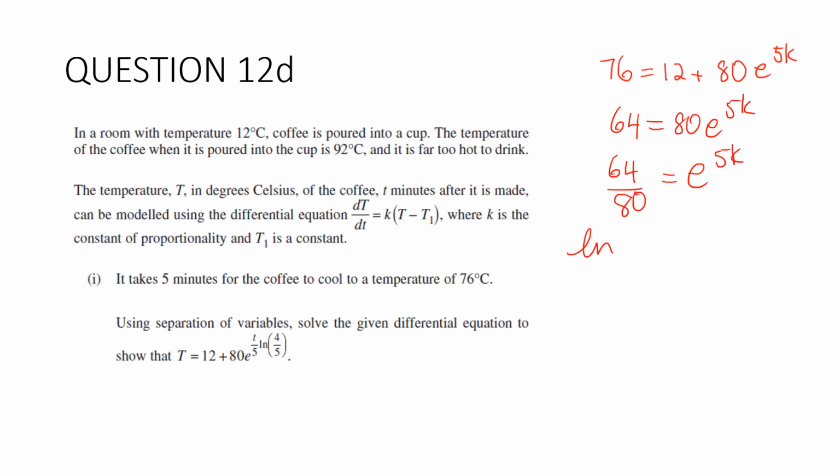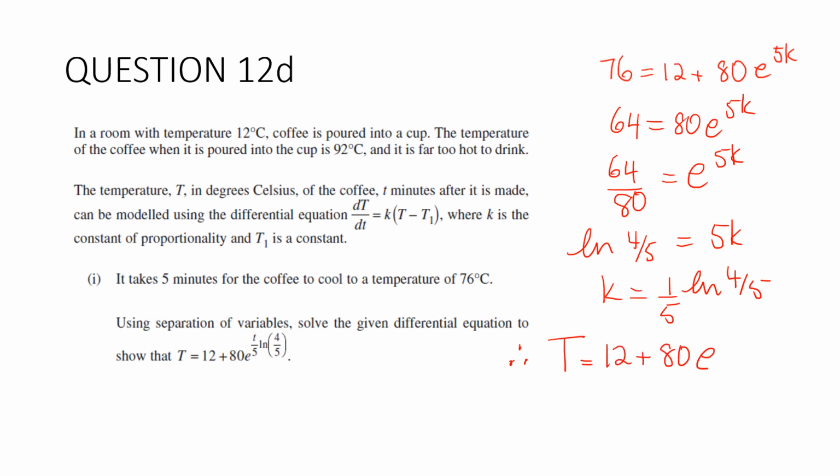Take logs of both sides. 64 divided by 80 on my calculator is 0.8, that is 4/5, is equal to 5k. k is equal to 1/5 ln 4/5. Therefore, T is equal to 12 plus 80 e to the 1/5 ln 4/5 t.